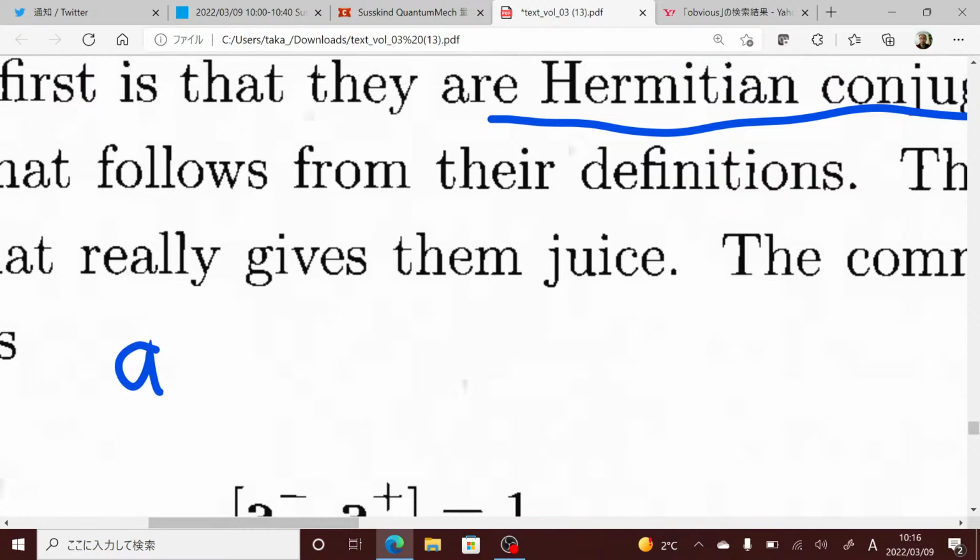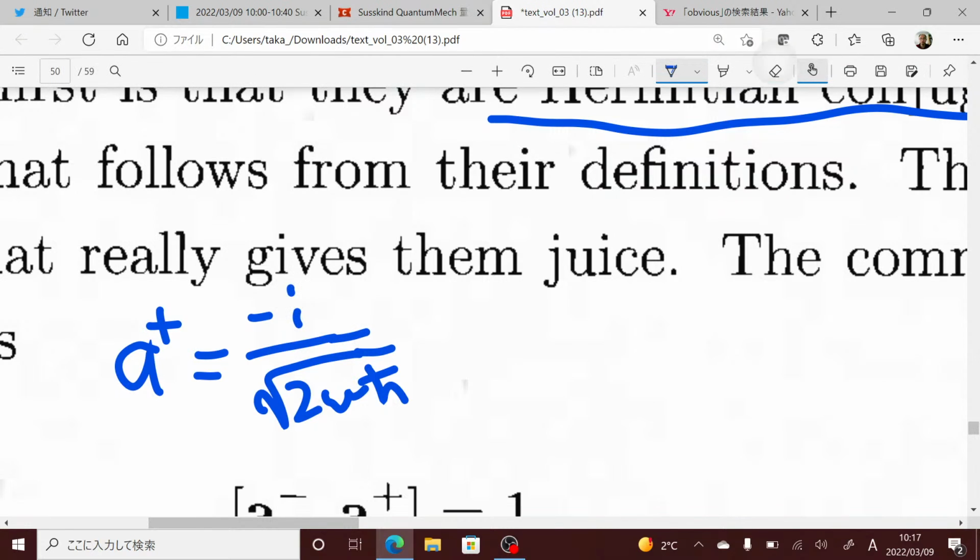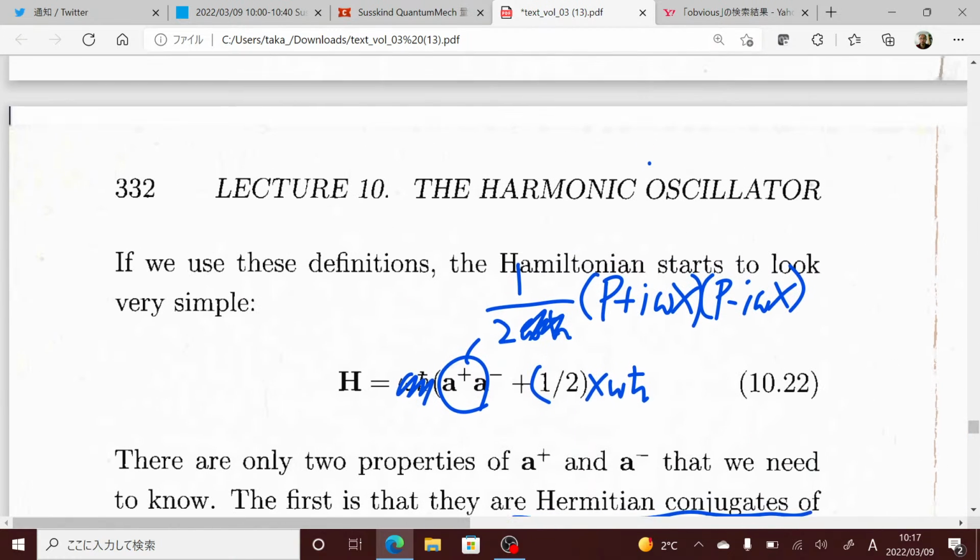A plus is 1 over square root 2 omega h bar times minus I, was it minus I? Sorry.